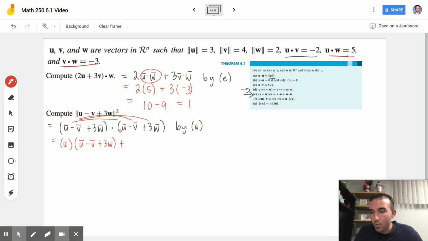Then I will do vector v, which gets multiplied by u minus v plus 3w. And then the last one, I'll do 3w to each of the terms on the right.